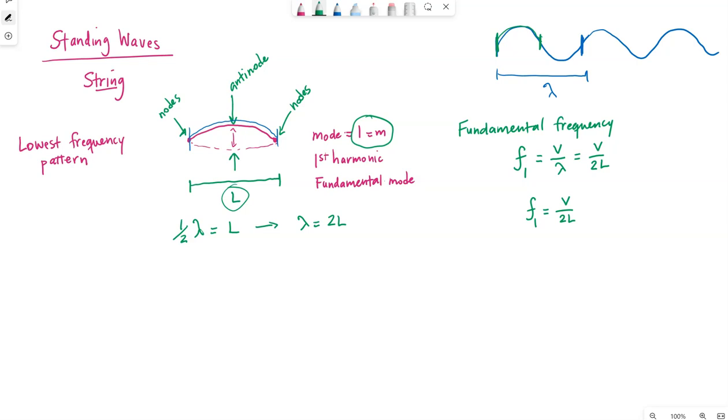The speed of a wave on a string, remember, depends upon the force of tension and the linear mass density. And so we can write this fundamental frequency as 1/2L, where L is specifically the vibrating length of the string, times the square root of the tension over linear mass density.